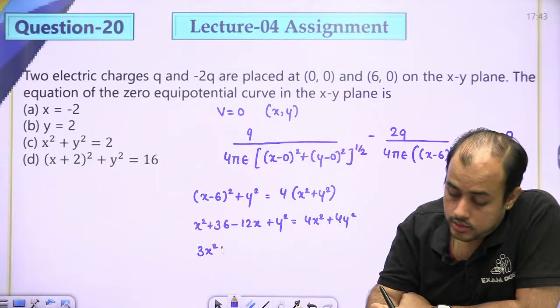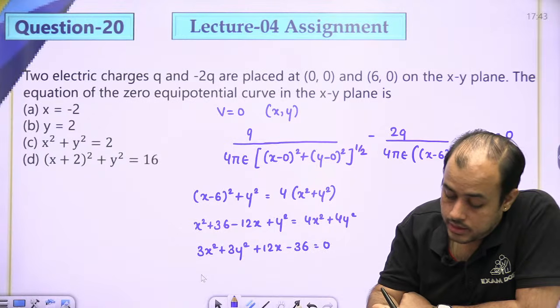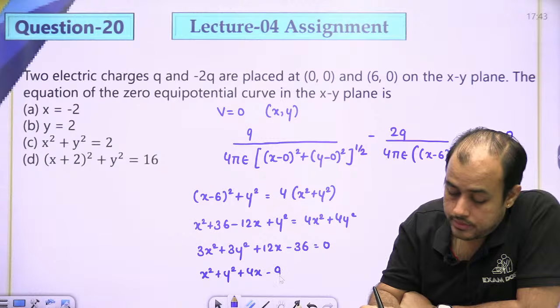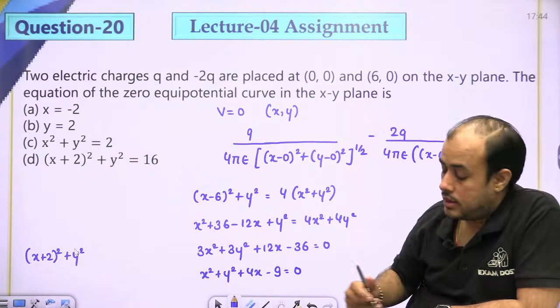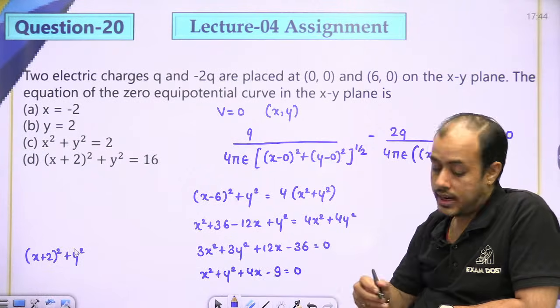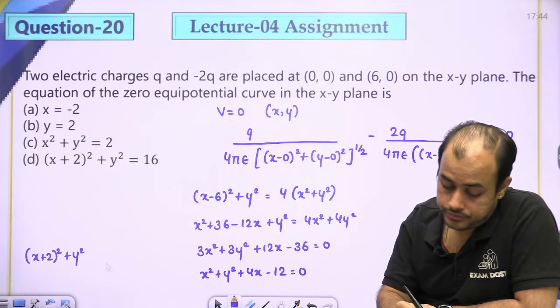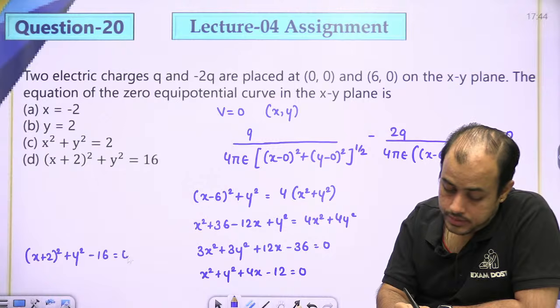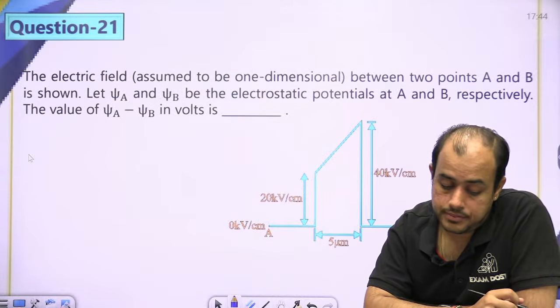We can take this to the right hand side: 3x square plus 3y square plus 12x minus 36 equals 0. x square plus y square plus 4x minus 9 equals 0. To get (x plus 2) square plus y square, beta, I have to add and subtract 4. Very good, Raunak bhai, D will be the answer.